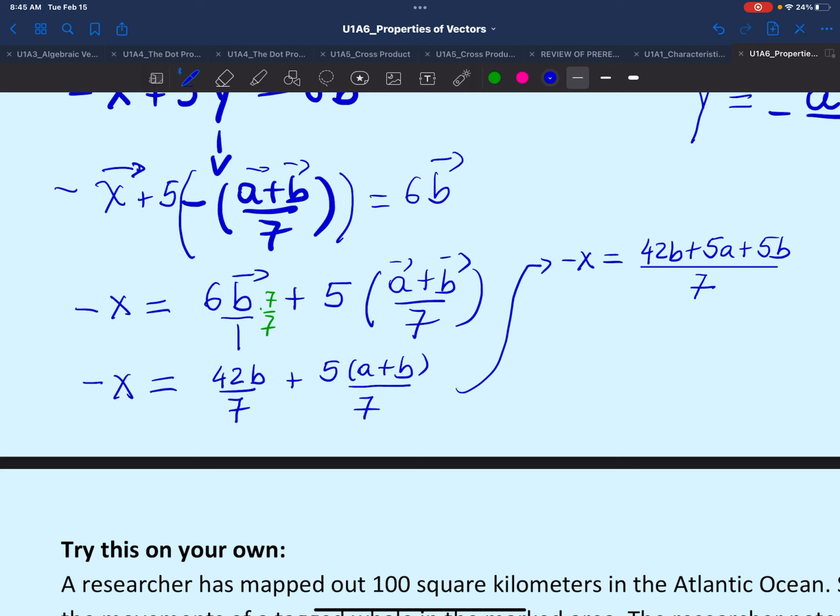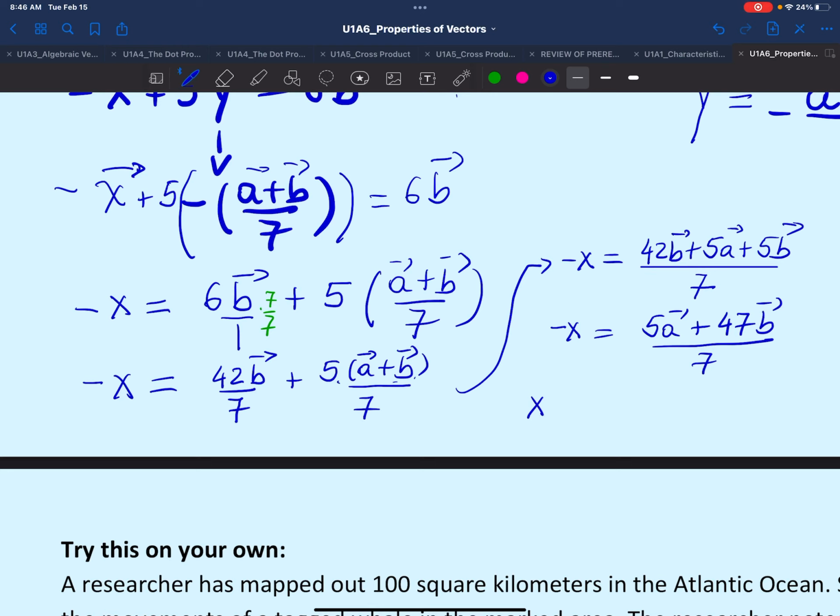So 5a plus b will be just a scalar multiplication, right? Arrow symbols, don't forget. So negative x turns out to be 42b plus 5b. That's 37b and 5a. So I'm going to write 5a first, and then plus 42 plus 5, 47b. Sorry, here we go. And divided by 7.